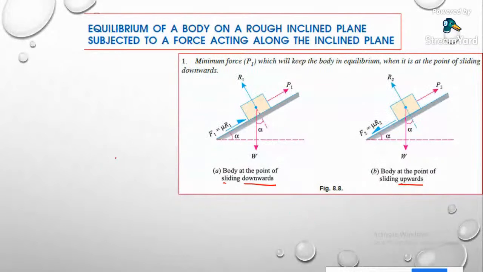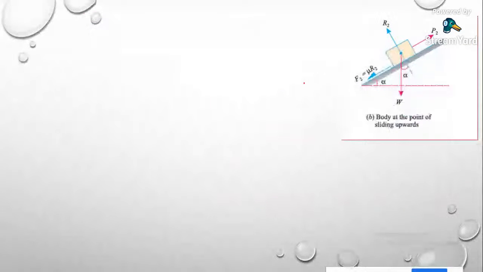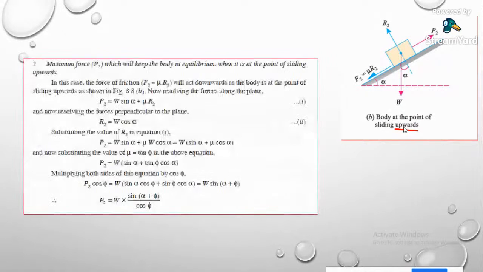Suppose I am talking about the first case, when the body is sliding upward. What is the maximum value of P2 we can take? If you take the free body diagram, this P2 is acting upward.